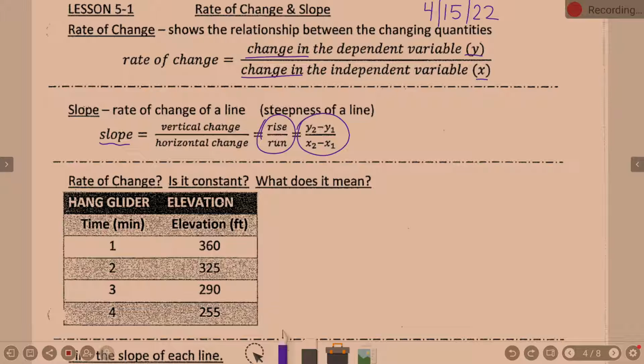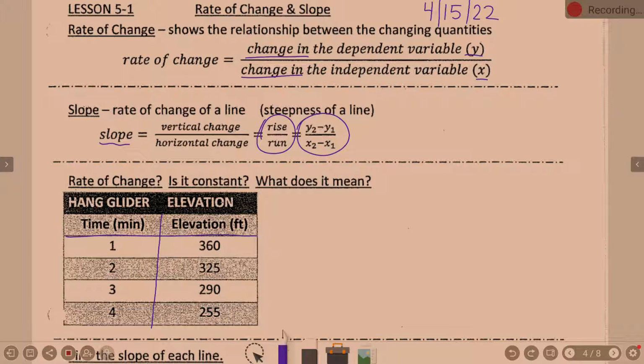Now, we're going to use this table first. What is the rate of change? Is it constant? And what does it mean? Do you see how this is like a table? If I draw these lines in here, can you think of that like an XY chart?